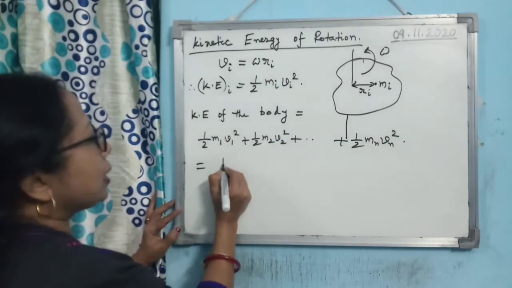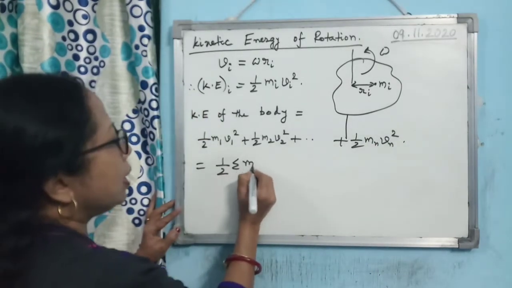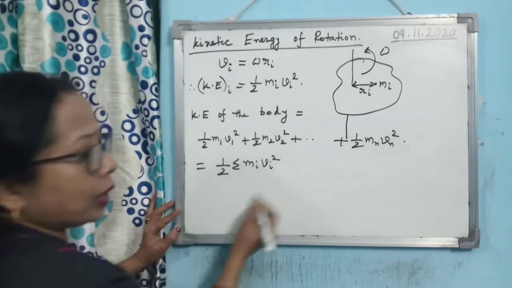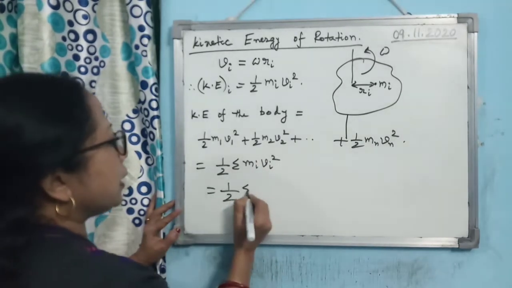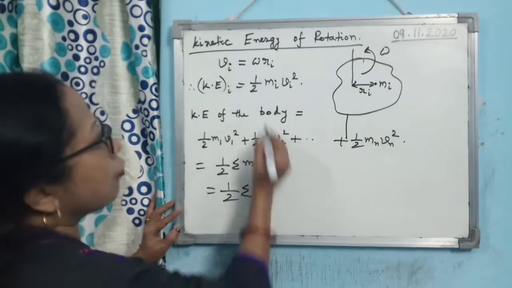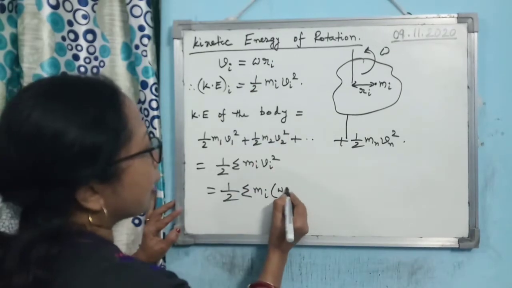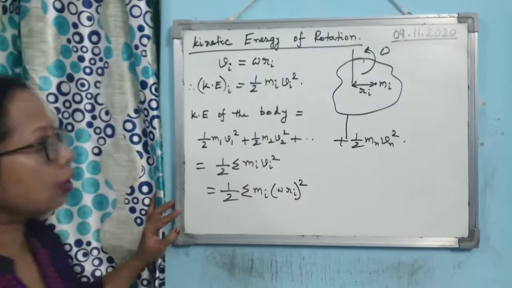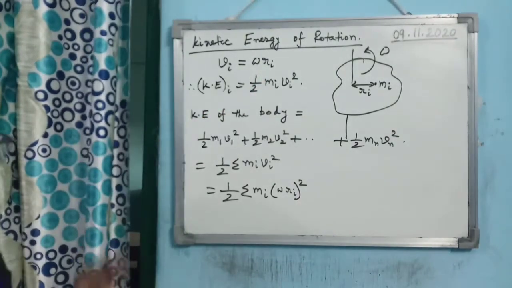So you can write it as half sigma m_i v_i square. Again, in place of v_i you can write omega r_i whole square, because v_i is equal to omega into r_i.